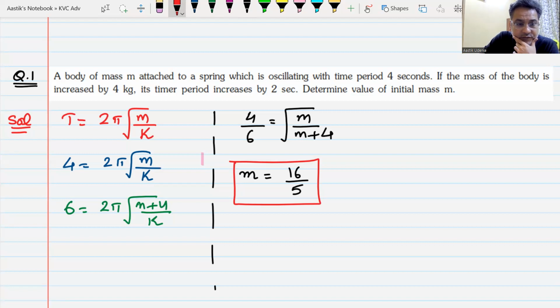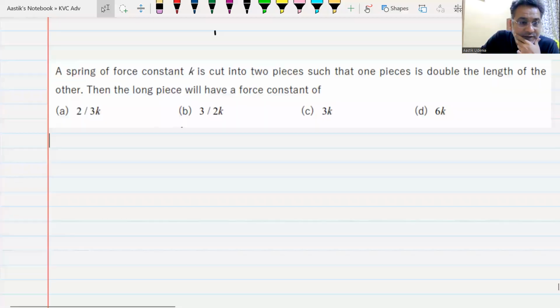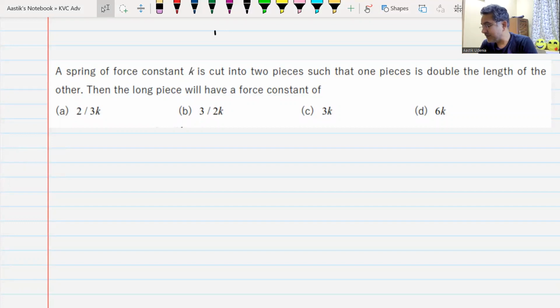Chalo, one more. I hope you can give me the answer for this one. I am quite disappointed with the performance in this question. Not expected. A spring of force constant K is cut into two pieces such that one piece is double the length of the other.